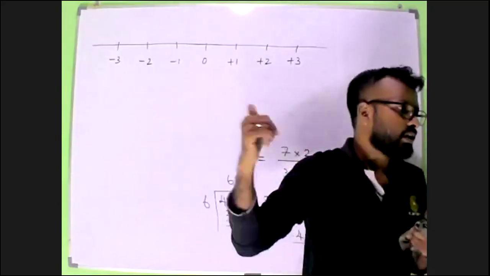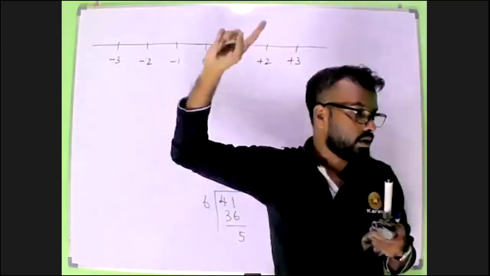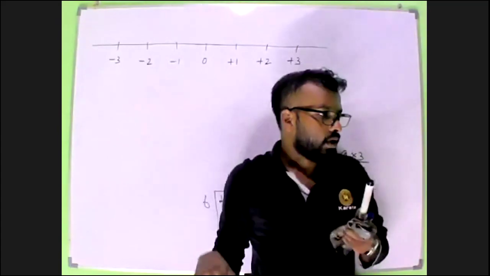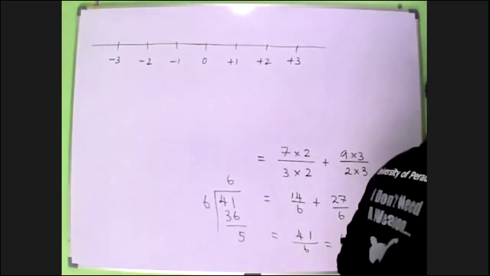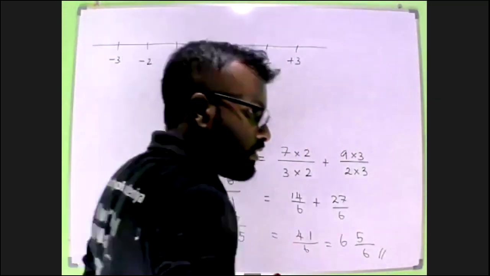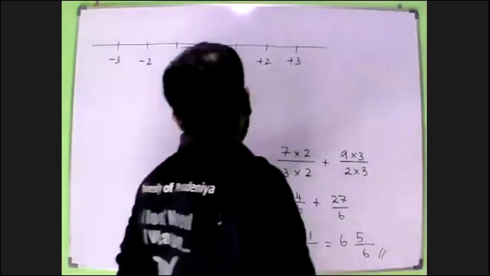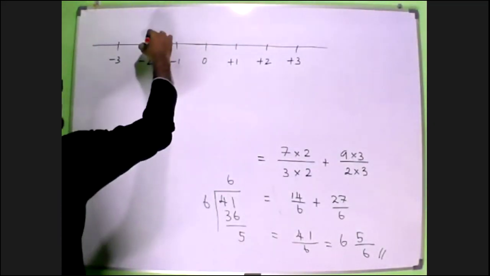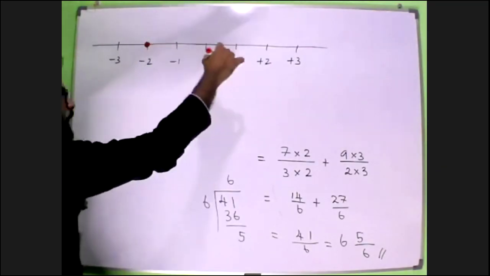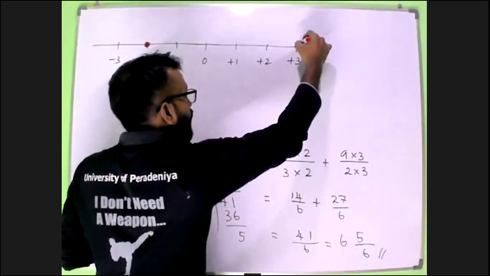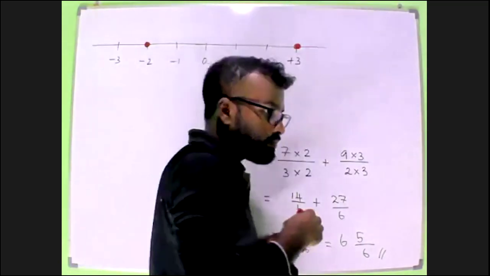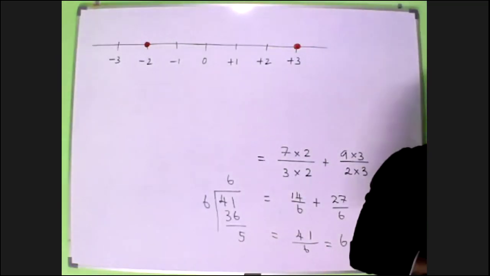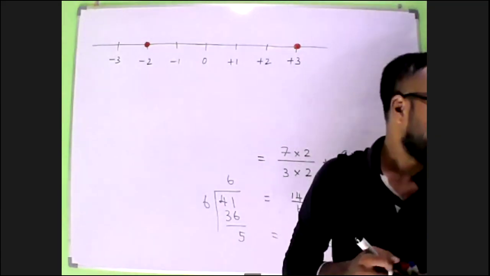So the first one is asking, you have to draw -3 to +3. Mark -2 and +3 on it. So you have to mark negative 2 and positive 3. Which are correct from the following?